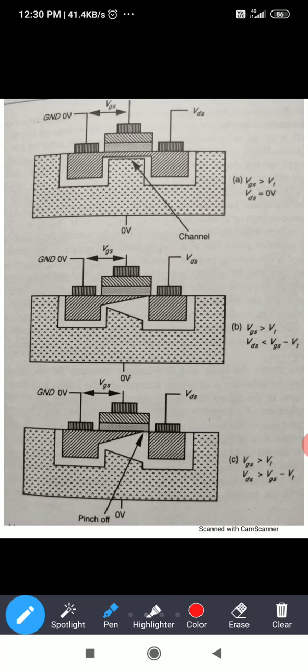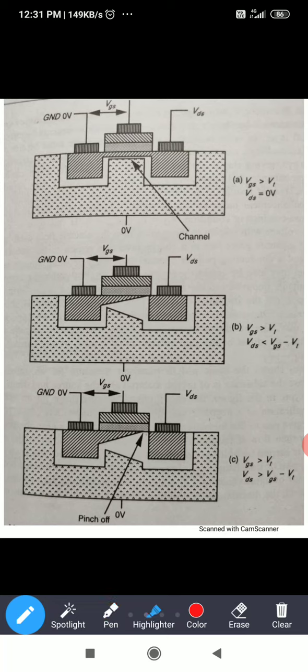Here when VGS greater than VT, threshold voltage, when gate to source voltage is greater than threshold voltage, the device is on, but VDS is 0, so there is no current to flow, because VDS also should be greater than VGS minus VT.